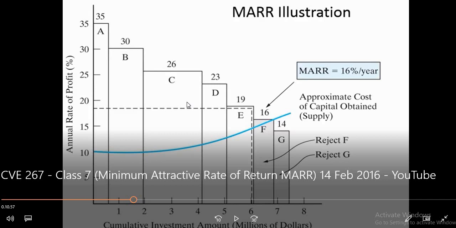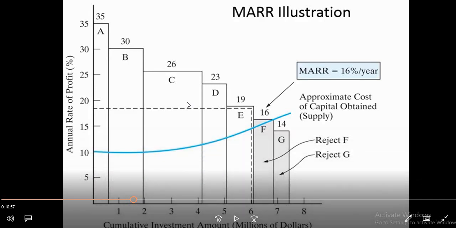So below this MARR value, the company cannot get money to pay the bank loan. So it is always desirable that whatever interest rate we obtain from the internal rate of return method or external rate of return method is larger than this MARR interest rate. That's why we consider this MARR value.